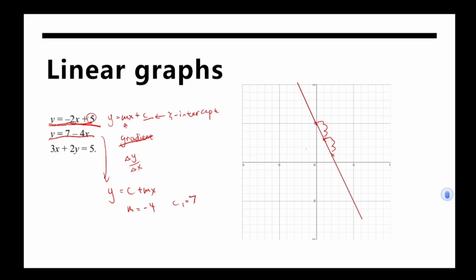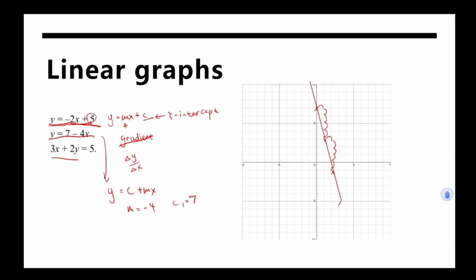To plot this, we first find the y-intercept, 7, which is here. Then the gradient is -4, so for every x value, y decreases by 4. For every x value, 1, 2, 3, 4, here. Again, 1, 2, 3, 4, here. It will go on forever. So the graph would be something like this.